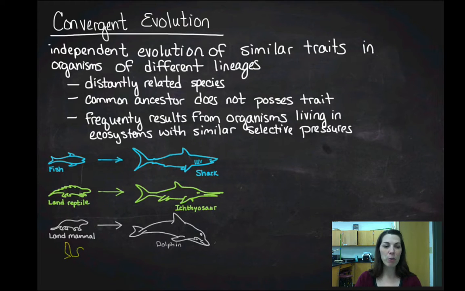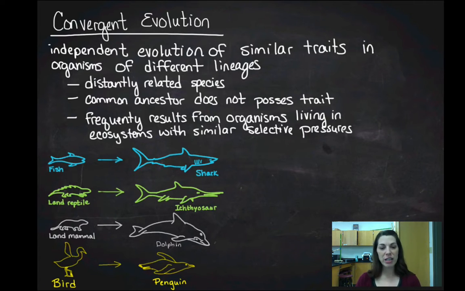And then the fourth one is if we look at birds, we also see that same torpedo-like shape in penguins. So this is an example of convergent evolution, arriving at the same trait or similar trait through very different evolutionary lineages, and that's due to similarities in the selective pressure. So they are all hunting or living in water, so they all need to be able to move quickly through the water.